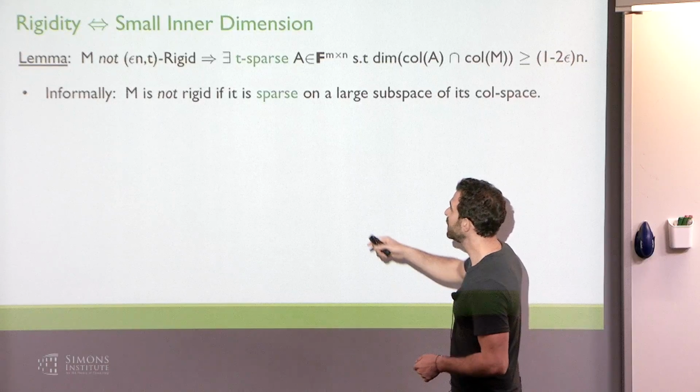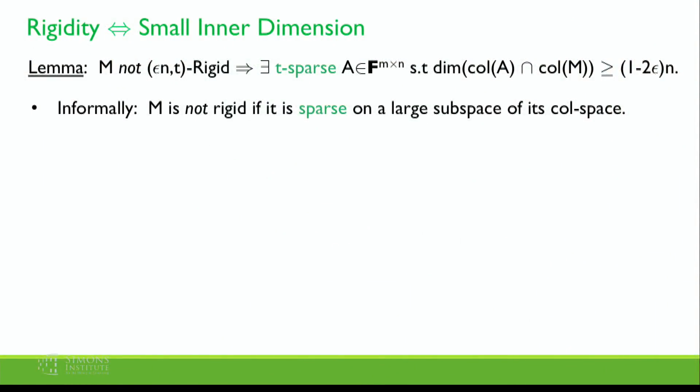We're going to prove that a matrix is not epsilon-n, t-rigid, so you can decrease the rank below epsilon n by modifying only t entries in each row. This means that the matrix has to be t-sparse on some large n-dimensional subspace, which exactly corresponds to the inner dimension being large.